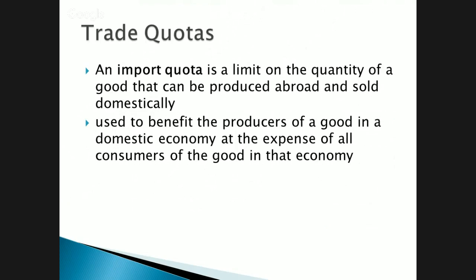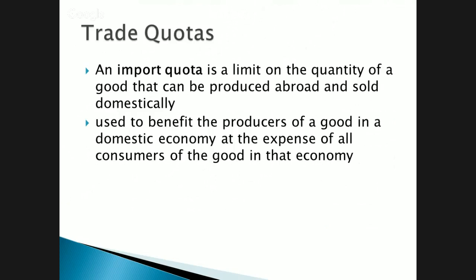Okay, so trade quotas. An import quota is a limit on the quantity of good that can be produced abroad and sold domestically. So again, it protects local producers by restricting the physical amount of good that can be imported internationally.